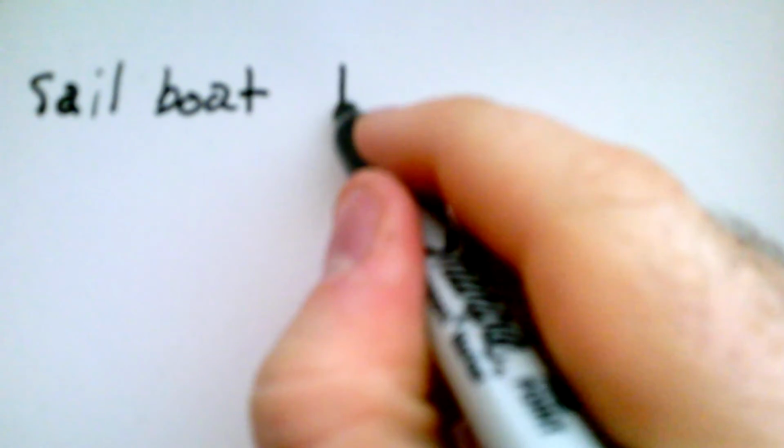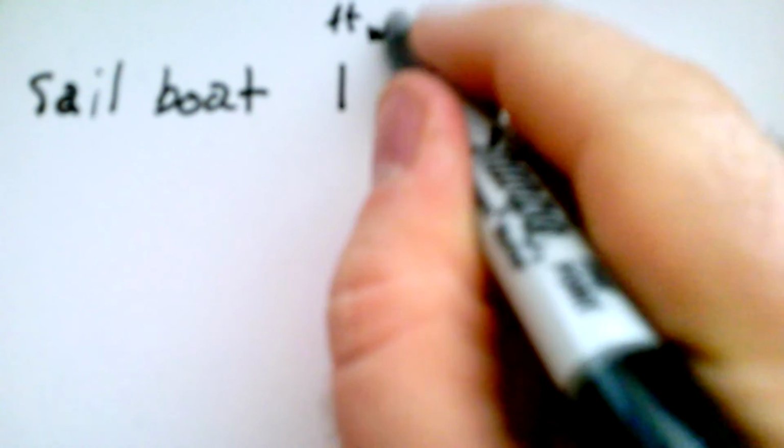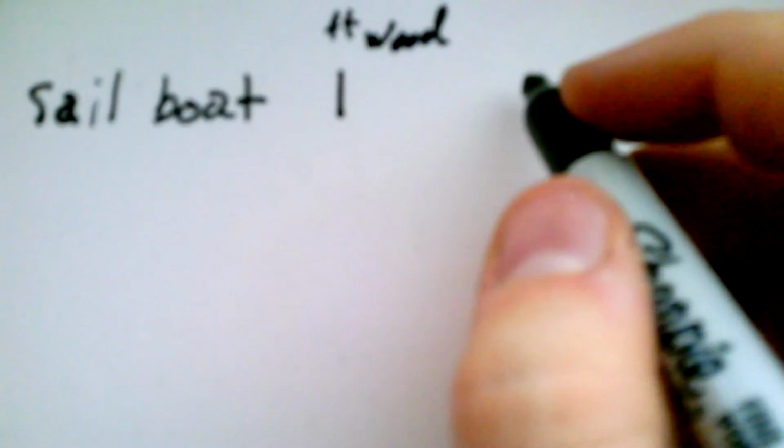It says, a wood carver makes toy boats to sell at the fair. A simple sailboat requires 1 linear foot of wood and 40 minutes of labor, whereas a fancier tugboat requires 2 linear feet of wood and 90 minutes of labor. So let's see that. A sailboat is 1 foot of wood and it is 40 minutes of labor.